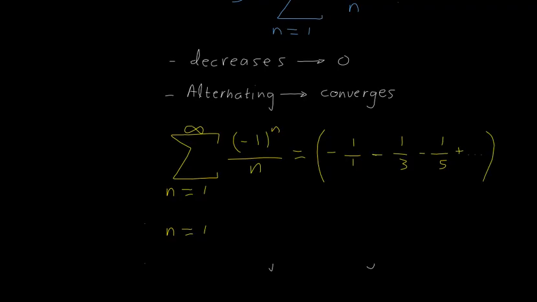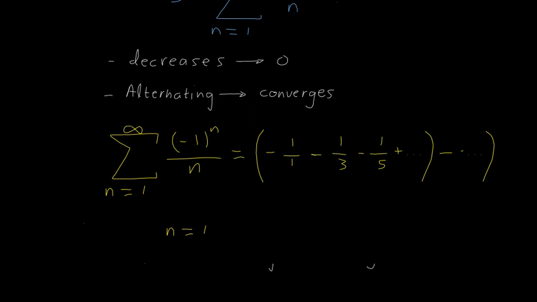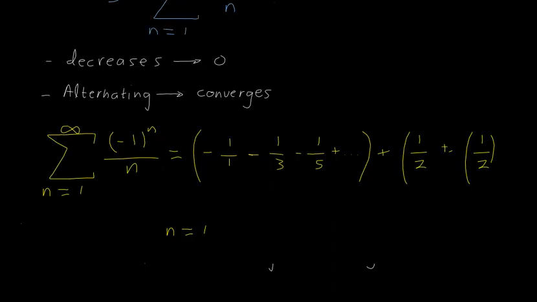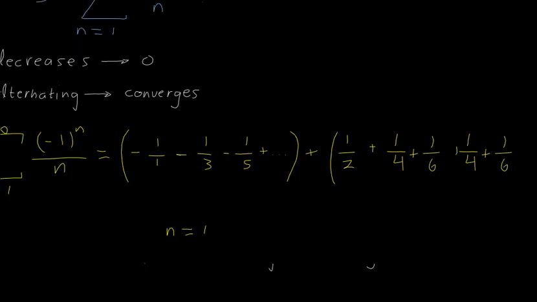And then we have minus. Break this in terms. This will be plus 1 over 2, because when n is 2, I just group these really fast. 1 over 2, 1 over 4, 1 over 6 for even terms. They're all positive, plus dot, dot, dot. Even terms, we have all positives.